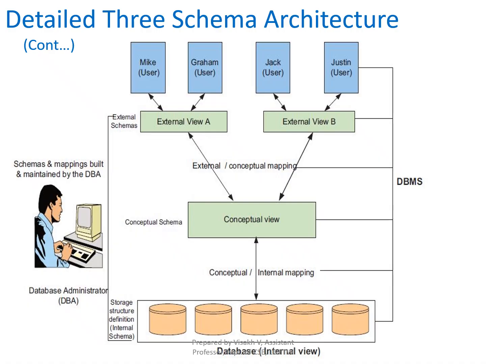In the external view there are two users, Jack and Justin, who can access only that data. In view level, Jack is not allowed to access the view a data, or Mike is not allowed to access the view b data. So this is the database, this is the three schema architecture.